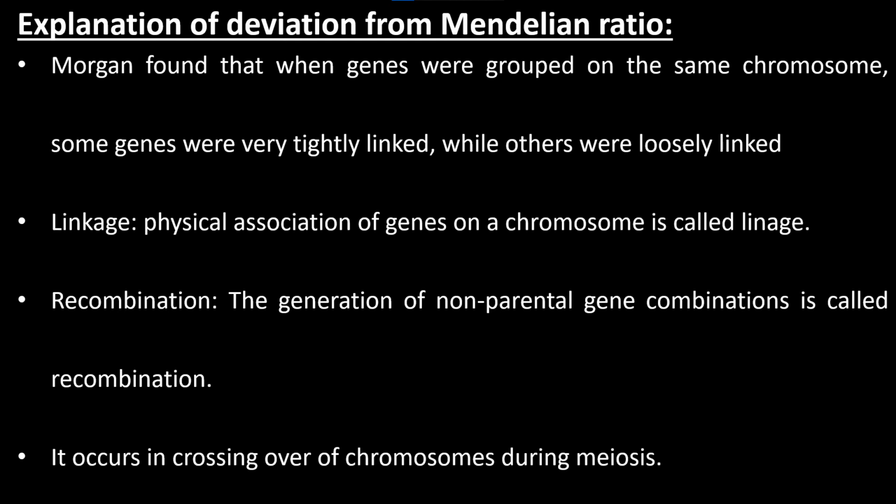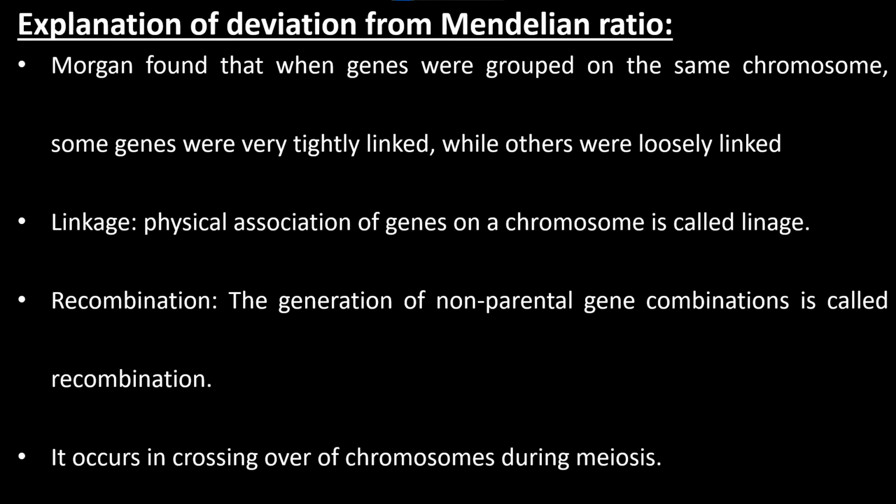So here, when Mendel came to the conclusion of dihybrid ratio, that is 9:3:3:1, Morgan conducted dihybrid cross on the Drosophila melanogaster, but he didn't get the same ratio. The ratio differs from the Mendelian ratio.